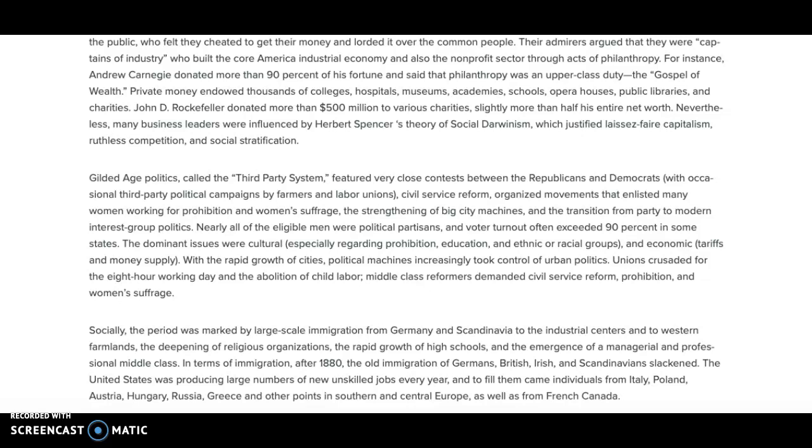Private money endowed thousands of colleges, hospitals, museums, academies, schools, opera houses, public libraries, and charities. John D. Rockefeller donated more than $500 million to various charities, slightly more than half his entire net worth. Nevertheless, many business leaders were influenced by Herbert Spencer's theory of social Darwinism, which justified laissez-faire capitalism, ruthless competition, and social stratification.